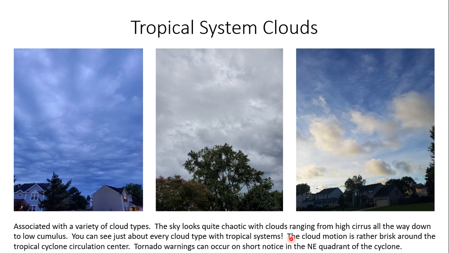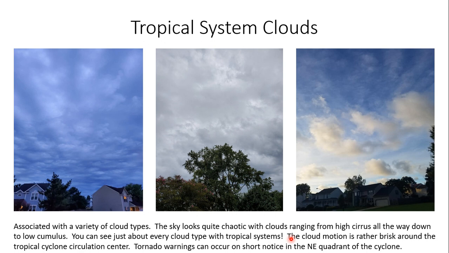And then lastly, I want to talk briefly about tropical system clouds. I've seen a couple of tropical systems, even the fringes of tropical systems, impact southeastern Virginia and the mid-Atlantic over the past 4 to 5 years. In general, there's a lot of variety of cloud types when you have tropical systems. The sky is going to look quite chaotic, with clouds covering all levels, from high cirrus all the way down to low cumulus.